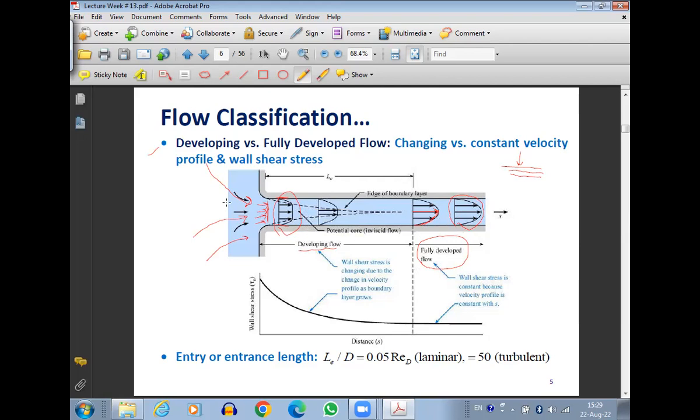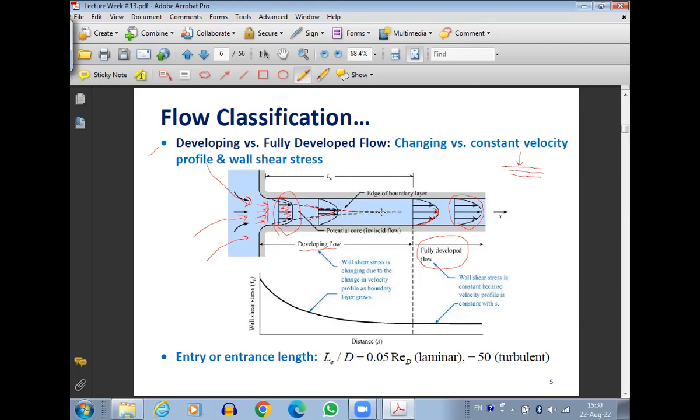As the fluid is entering, all the layers are initially moving at the same velocity. So in the central region there is no effect of viscosity, because the effect of viscosity comes when the layers move at relatively different speeds, when there is a velocity gradient. Initially there is an inviscid flow region where the effect of viscosity is not there. But then the inviscid flow region keeps on decreasing.